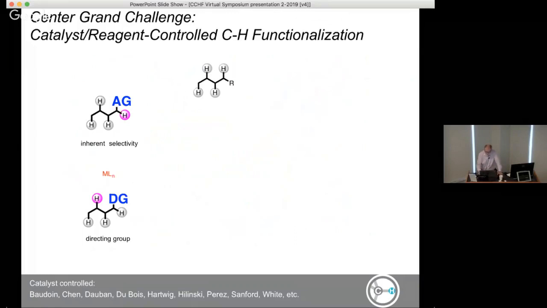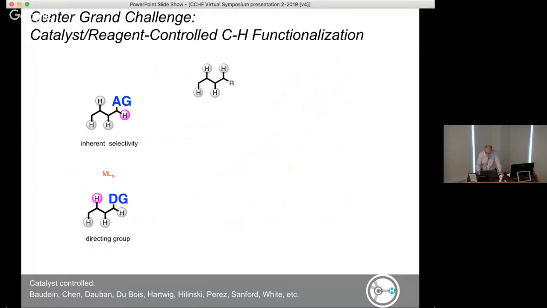And of course, another approach that's really become incredibly powerful these days is if you've got a directing group on your substrate that will coordinate to the metal and then place the metal close to an unactivated CH bond, resulting in overall functionalization. But these approaches, even though now they're very established, do rely a lot on the substrate to really drive the chemistry in a controlled manner.